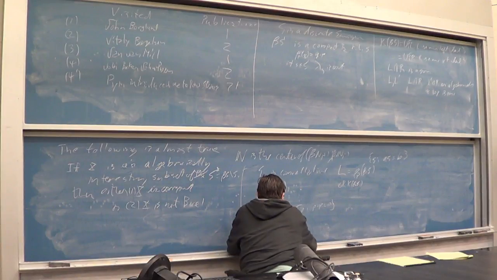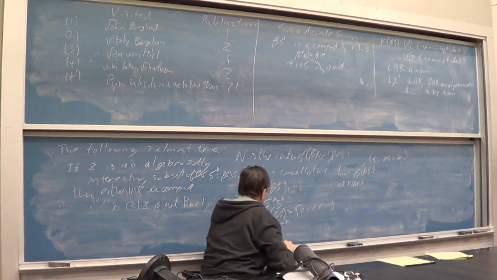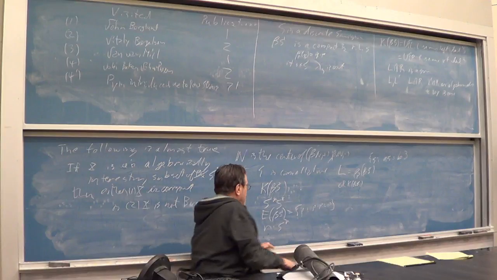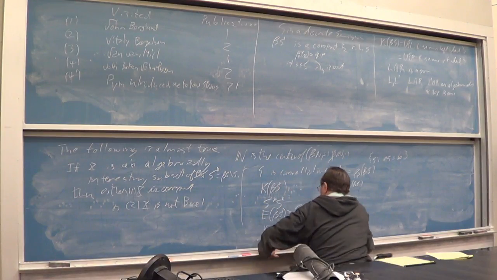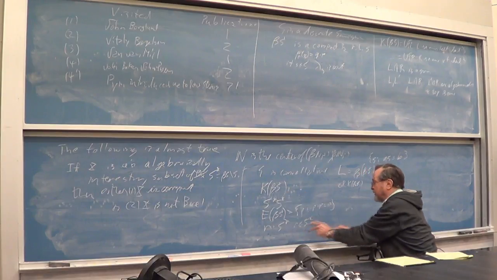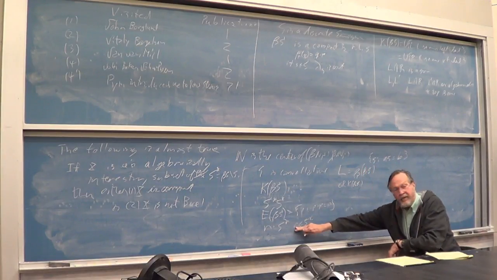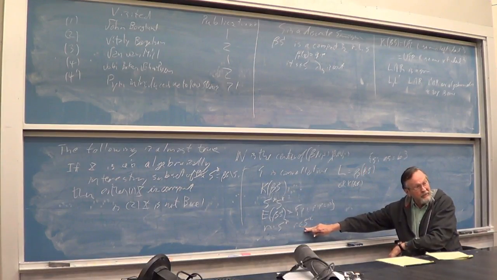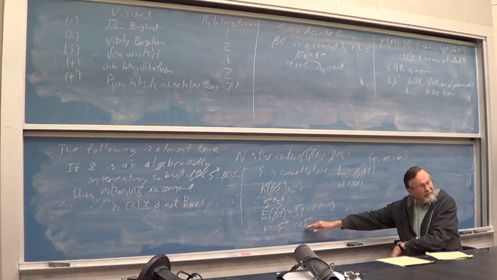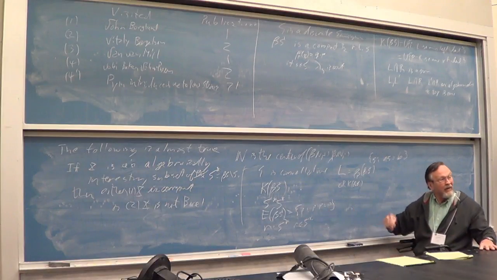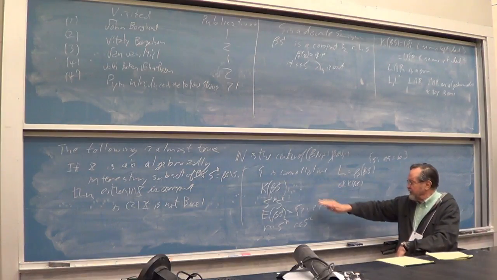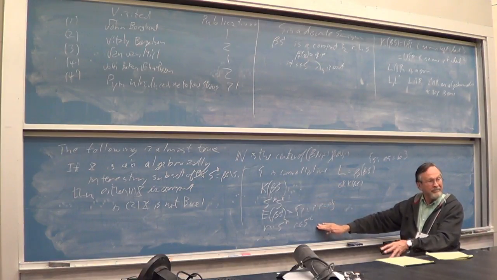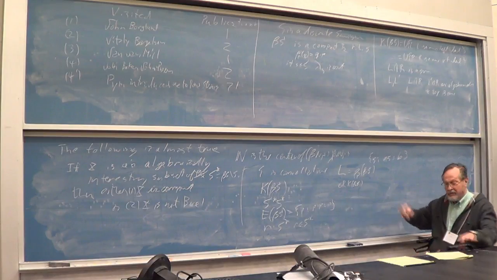R times S star, where R is non-principal. All of these objects, and notice in particular that includes the minimal right ideals, because if R is in a minimal right ideal, then R times S star is that minimal right ideal. So all of these objects are not Borel under this circumstance.